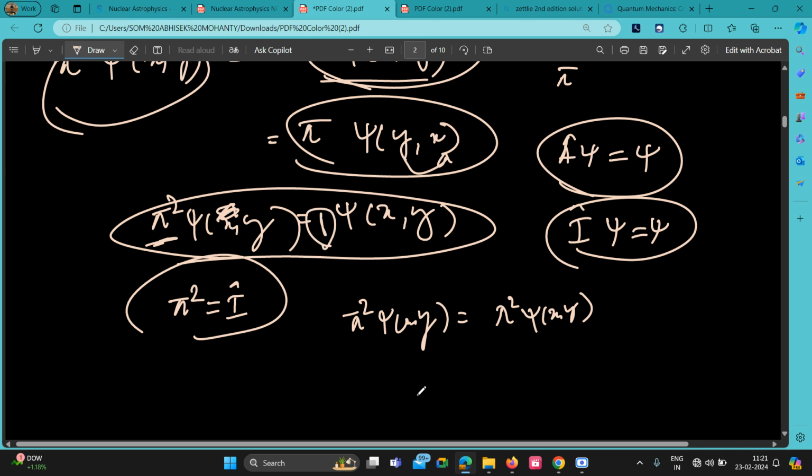There is nothing, that means 1. So lambda square is equal to 1, that means lambda is equal to plus or minus 1. These are your eigenvalues. Is it alright?